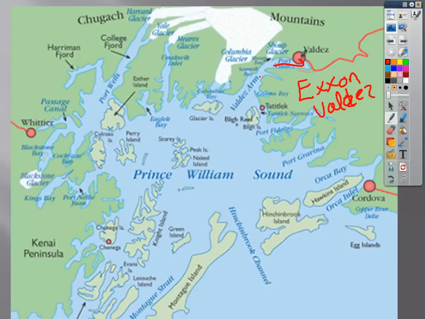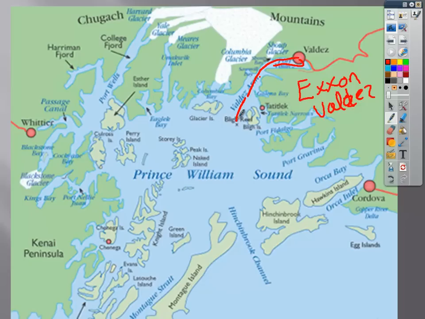before Easter in 1989, filled with 52 million gallons of oil. It came out of the straits into Prince William Sound, and because of a navigation problem, or what they claim to be a navigation problem, the ship did not stay in the right-hand lane, but rather went in the left-hand lane.